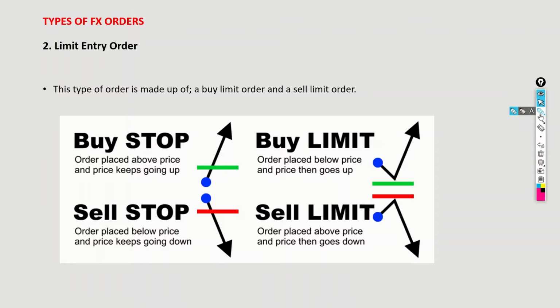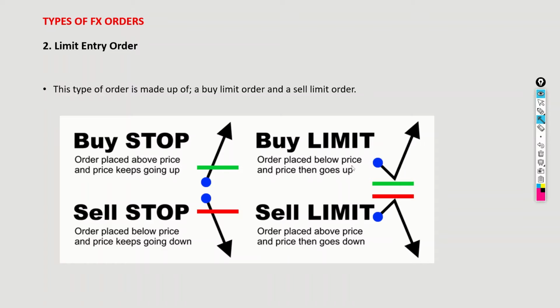To understand it more, this limit entry order is made up of two types of orders: the buy limit order and the sell limit order. A buy limit order is an order placed below the current price, and the price then goes up. So that's why you're seeing the arrow here.